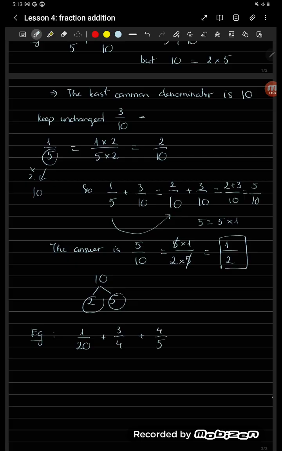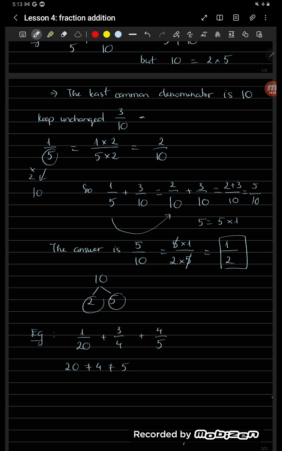So in this case you can see 3 fractions here. They don't have the same common denominator, right? 20 is different from 4, different from 5, so they are not the same common denominator.